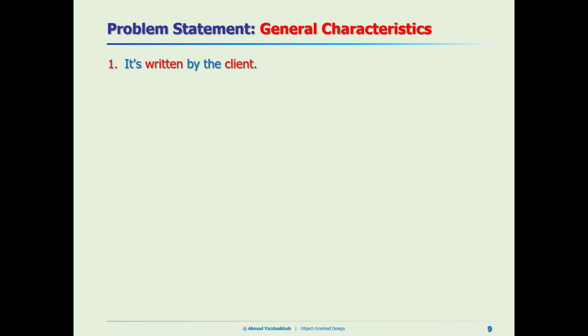So first of all, it is written by the client. Most likely the client will write it, but in some very rare cases, they might ask the contractor to do that, or maybe they make a new contract for someone who writes it, but most likely it is written by the client.